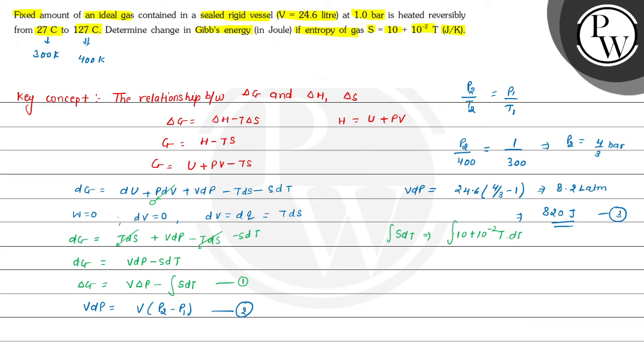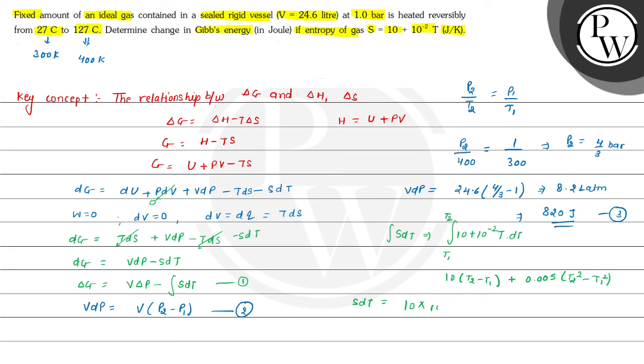The integration with limits T1 to T2 comes out to be 10 multiplied by T2 minus T1, plus 0.005 times T2 square minus T1 square. So the value of integral S dT comes out to be 10 multiplied by 100, because T2 is equal to 400 and T1 is equal to 300.